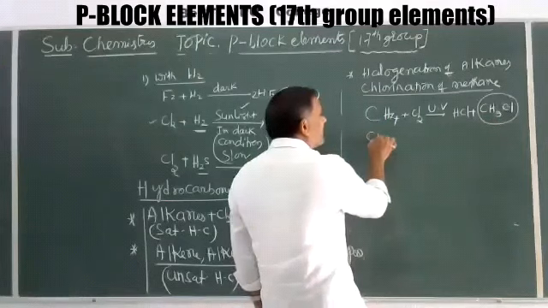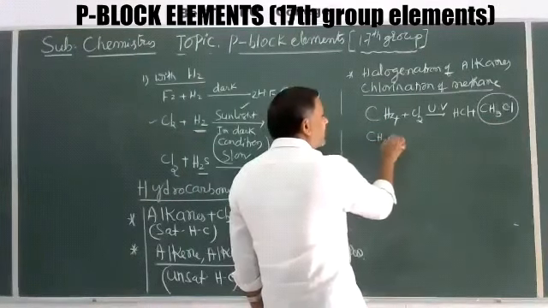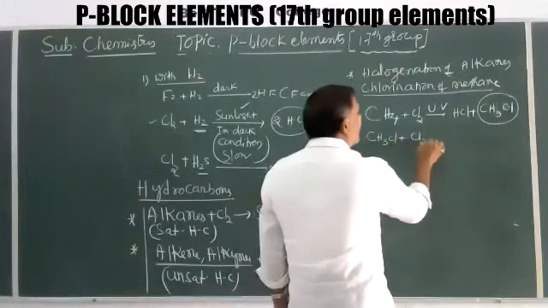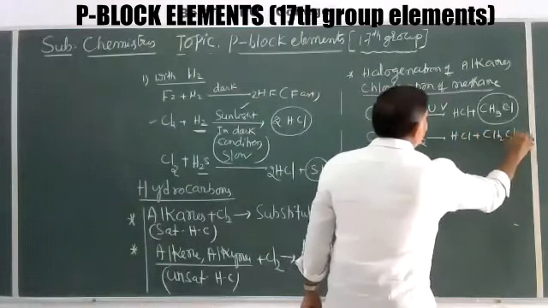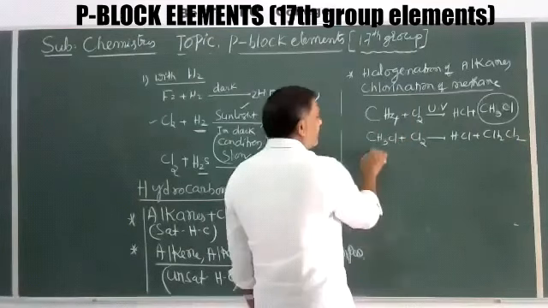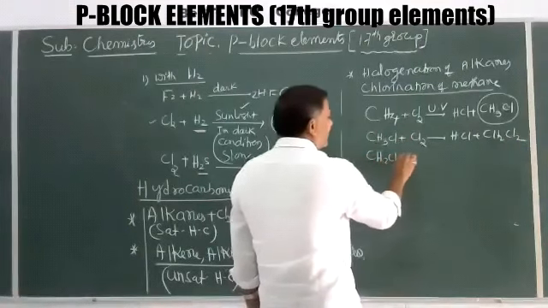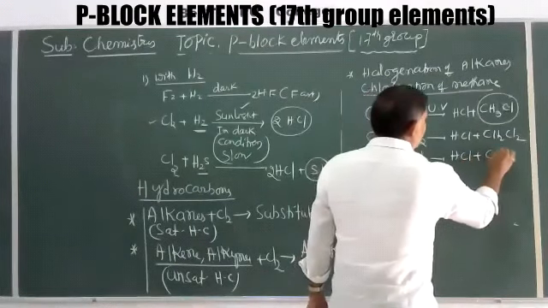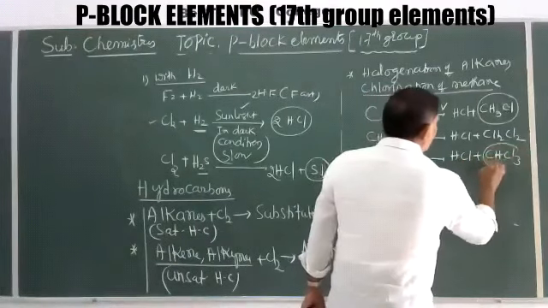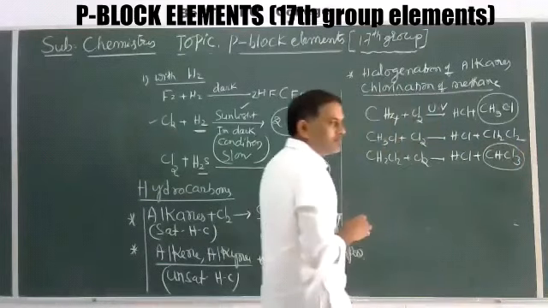Similarly, the same product obtained reacts with excess chlorine and gives HCl plus CH2Cl2. Now CH2Cl2 reacts with Cl2 again and gives HCl plus CHCl3. It is called chloroform.